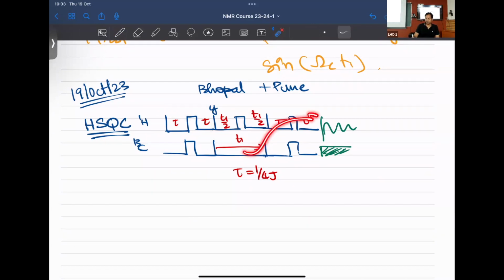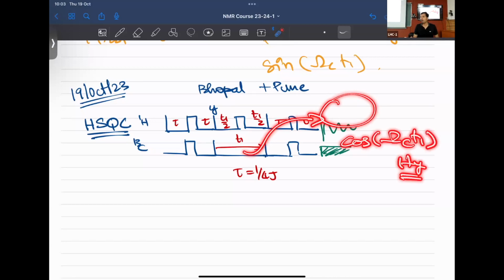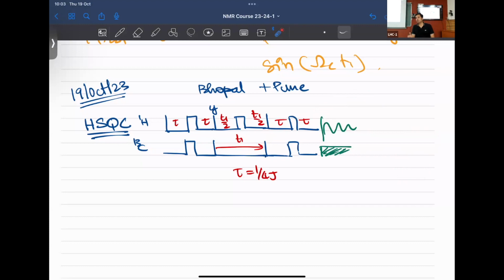Then you transfer it back, where you will have the cosine modulated signal in t1 times a certain operator for proton, the first single quantum operator, which can therefore be observed. And you have the acquisition time t2 in the direct dimension with decoupling done, so that only proton chemical shift evolves and there is no evolution of the scalar coupling between carbon and proton. This is what we had done.